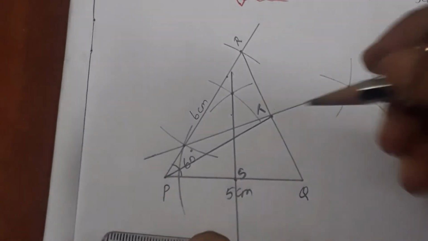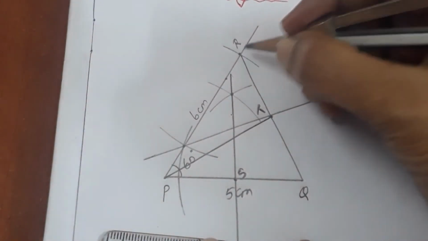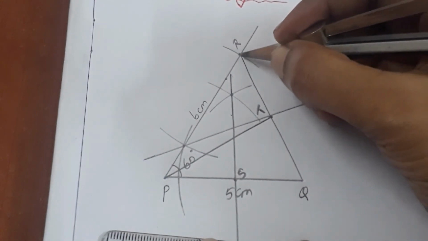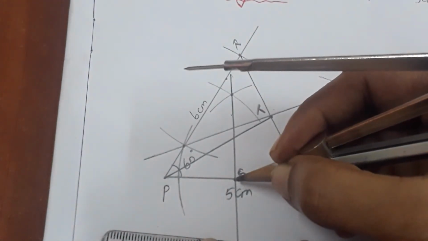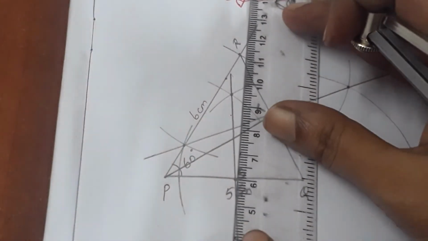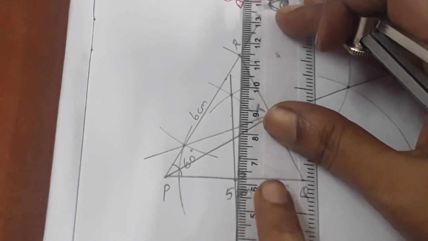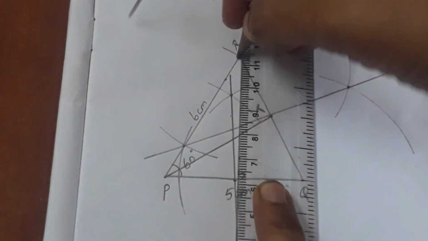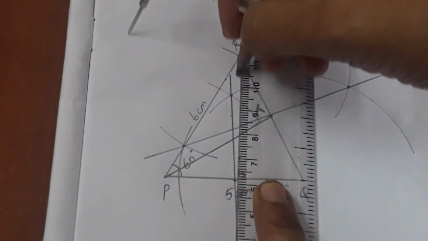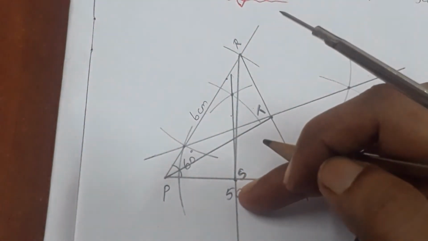Now join vertex R to the midpoint of the line segment PQ, that is S. So we have another median. Join R and S. This is our second median.